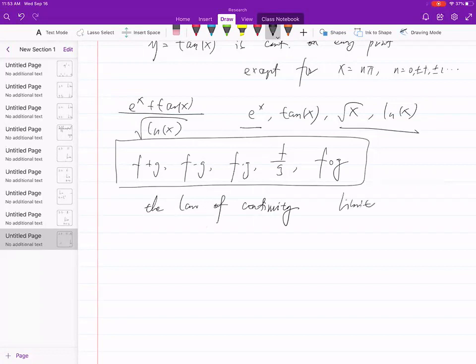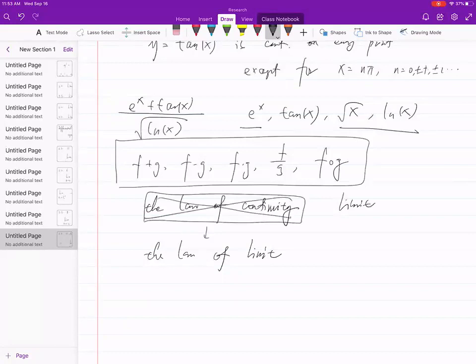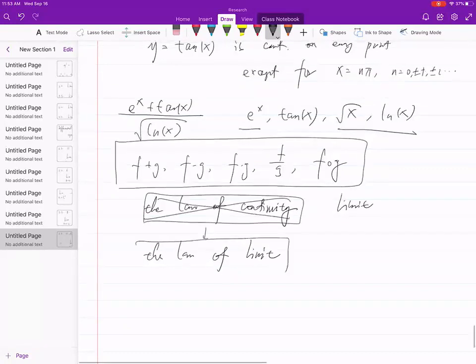Then basically this one is guaranteed by the law of limit because continuity is nothing but a type of limit. And do you have the law of limit? Yes, we do. It's in 2.3. Good so far? Okay, so now everything is complete. From now on, you can use the law of continuity. Actually, there's nothing called this because it's basically just the law of limit. So it's not even worth a name for itself because you're just applying limit laws.